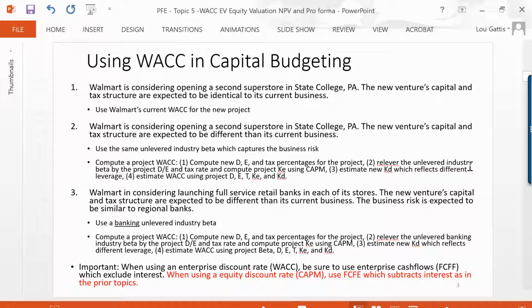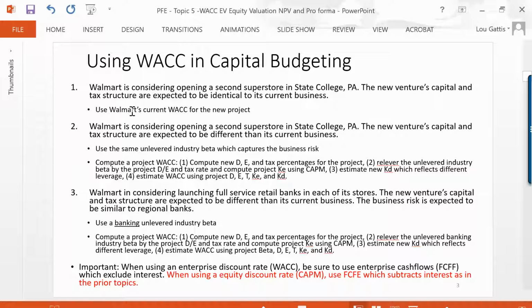That is, if the current project you're looking to finance or to evaluate has the same business risk and capital structure, in other words, financial risk, as the existing firm. So, for example, Walmart is considering opening a second superstore in State College, Pennsylvania. The new venture's capital and tax structure are expected to be identical to its current business.